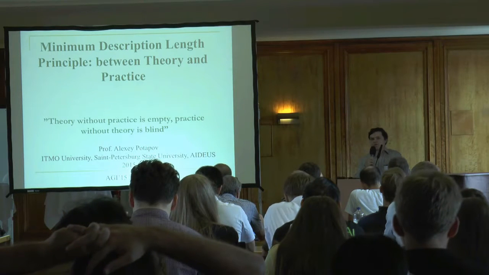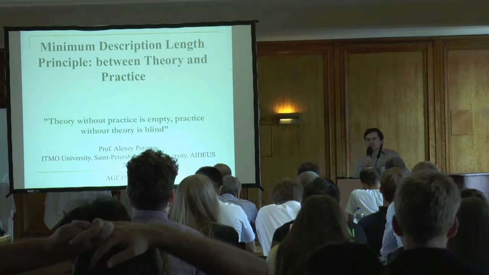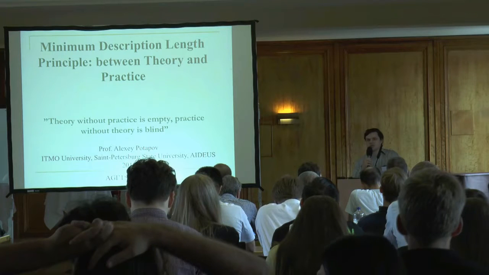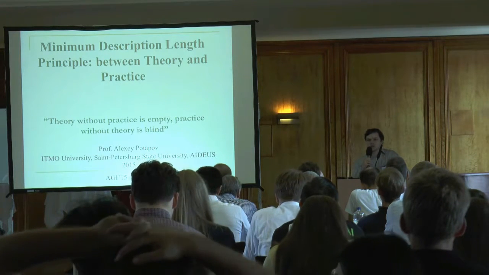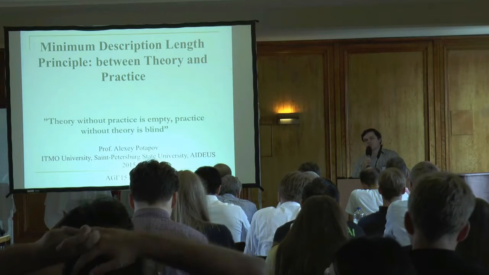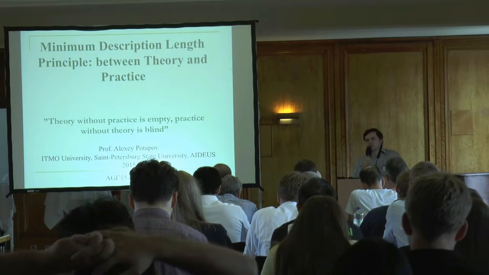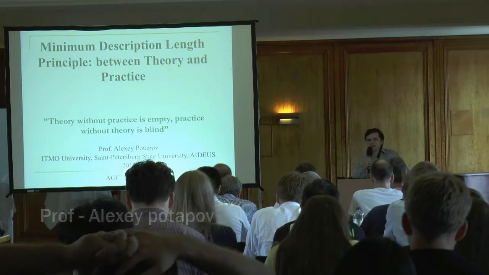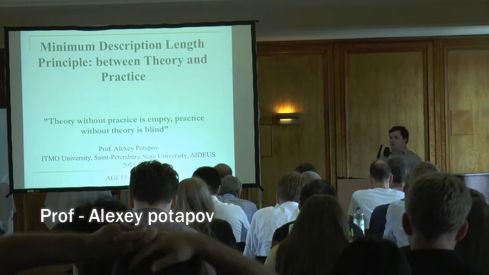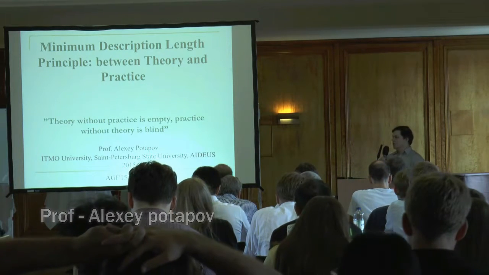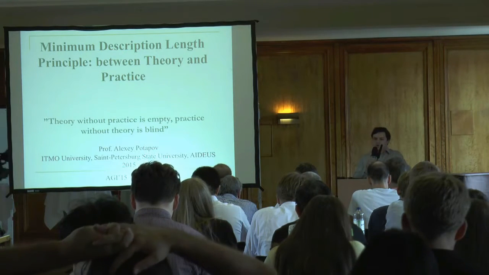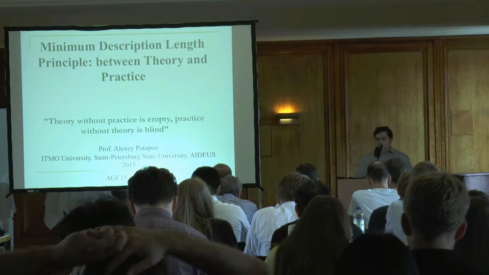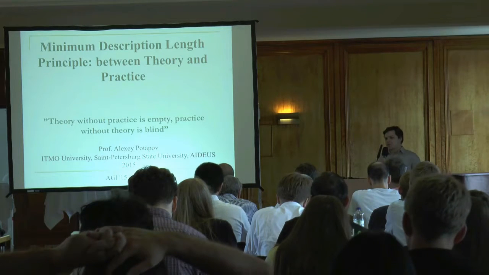Probably most of you know about Kolmogorov complexity and its usage in AGI. Two years ago, for example, Marcus Hutter had a tutorial on universal intelligence, and today we heard a tutorial which also mentioned Kolmogorov complexity.